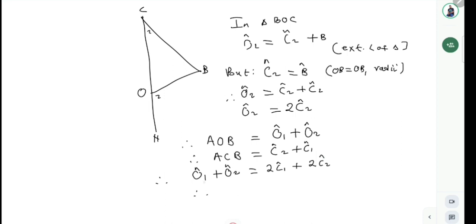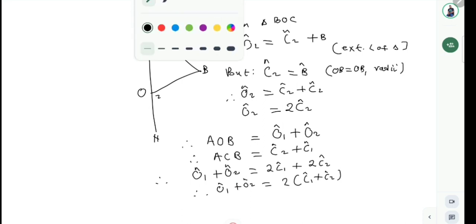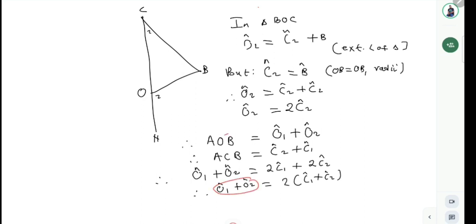So therefore, now this side I'm going to take out the common factor. I'm left with the C1 plus the C2 inside the bracket. Okay, let me write it here, O1 plus O2. Then now I'm finalizing, guys. Do not forget that this O1 plus O2 is the same as AOB.